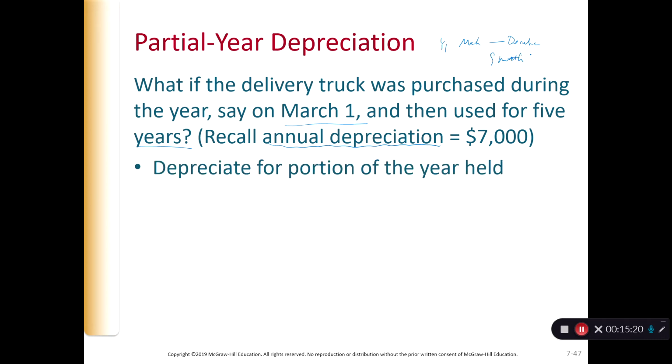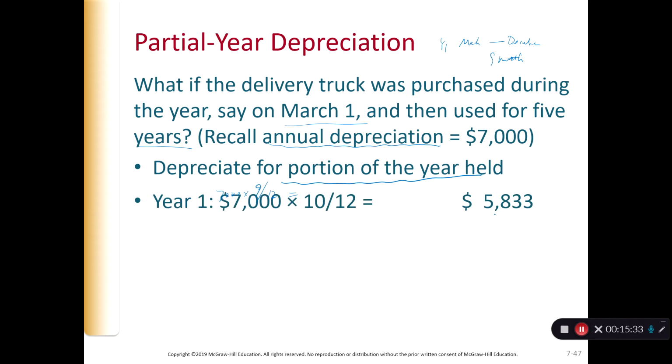Hence we will depreciate only the portion of the year that it was held, so $7,000 multiplied by 9 out of 12, so it's going to be 5,833 for year 1.